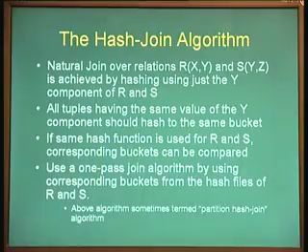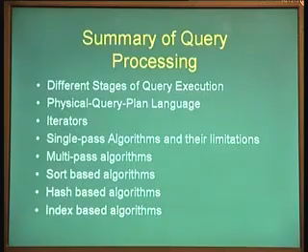So let us summarize what we have learned today in the 2-pass algorithms. Let us summarize query processing in general and then go back to the 2-pass algorithms that we have studied today. We looked at the different stages of query execution to begin with, and then we saw that there are 2 stages, namely the logical query execution plan and the physical query execution plan, that are especially of interest.